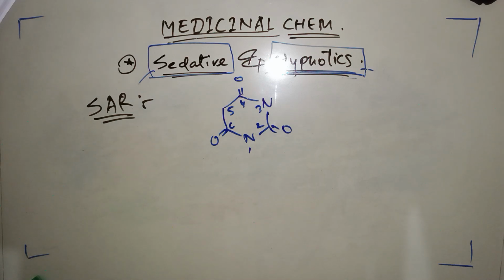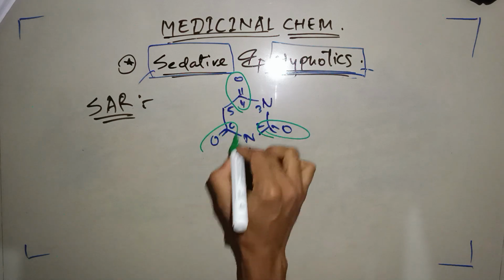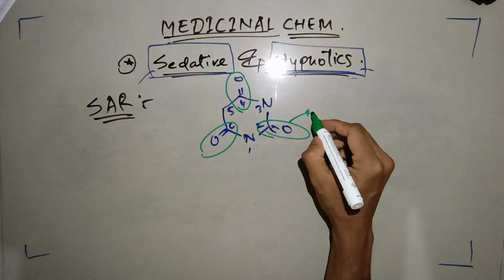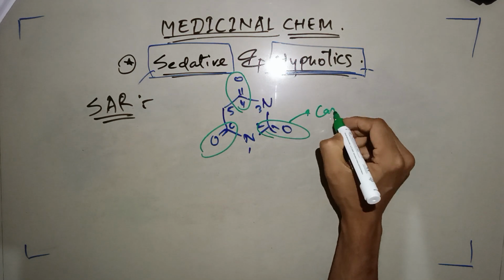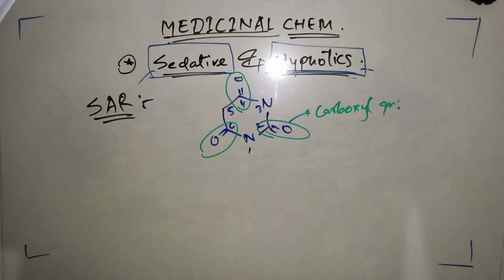Remember that the C double bond O at C2, C4 and C6 is very essential for the activity. This C double bond O, this C double bond O and this C double bond O, that is carboxyl group, is very essential for activity.